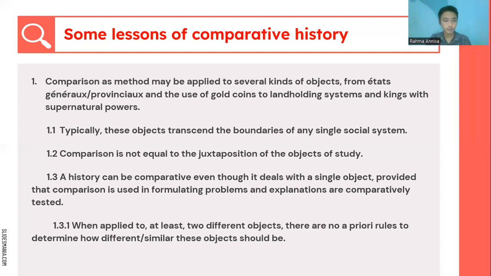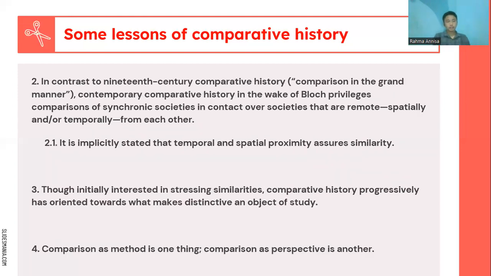And then from this point, we have another point, 1.3.1. When applied to at least two different objects, there are no a priori rules to determine how different or similar these objects should be. Number 2, the lesson of comparative history.